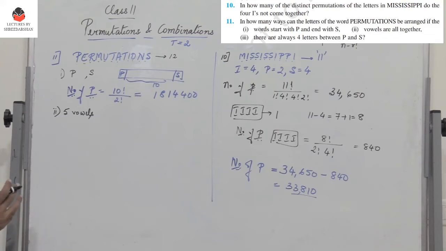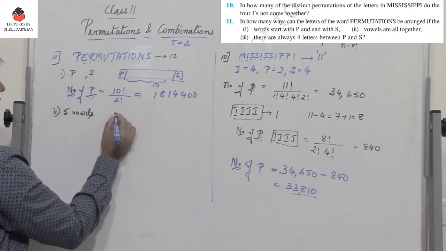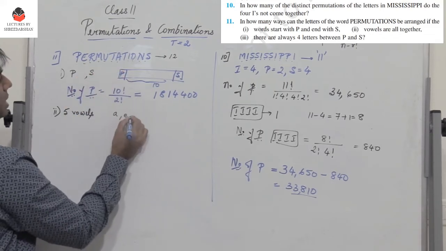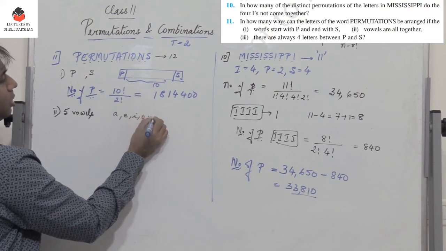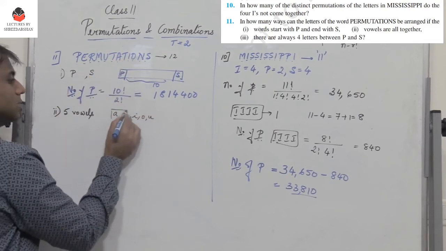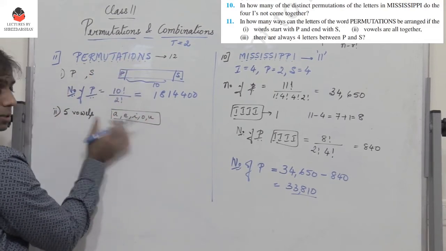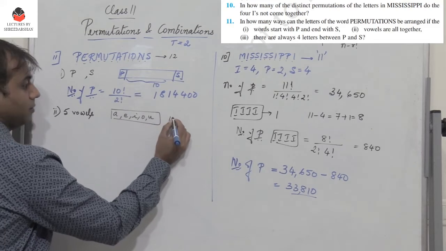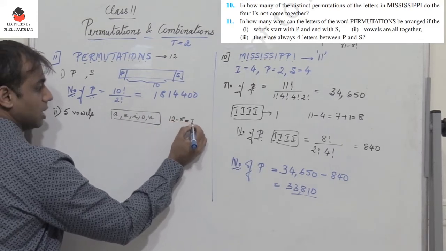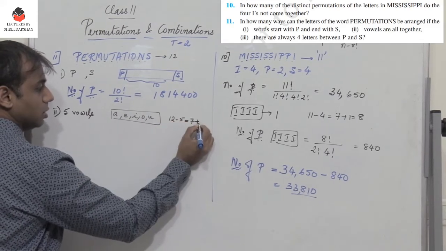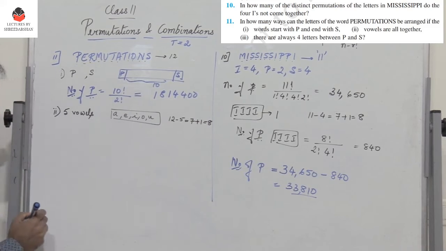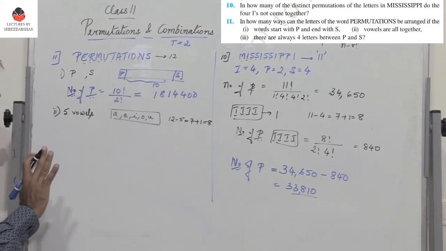2. If all the 5 vowels are together. So how many vowels are there? A is present, E, I, O, U. All the 5 of them are there. So we consider them as 1 unit. So 12 minus 5 is 7 plus this unit, which is going to be 8. Now there are 2 things.